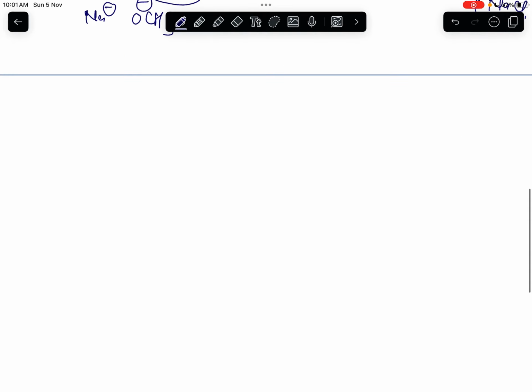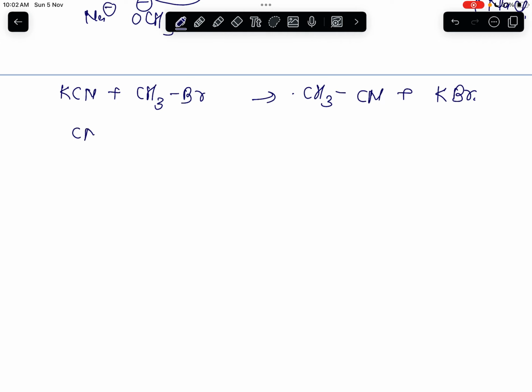Now you have to understand that a nucleophile can be ambident also, meaning it can attack from both sides. For example, KCN is treated with CH3Br and it generates CH3CN and releases KBr. Here the attacking reagent is CN minus, but we know by resonance that it can also react from the nitrogen side lone pair.